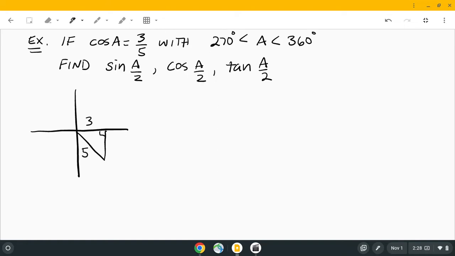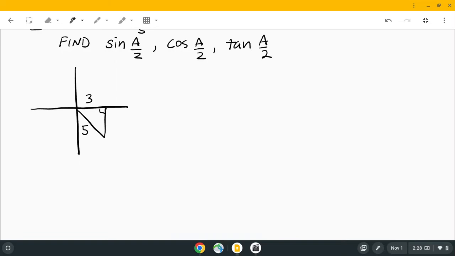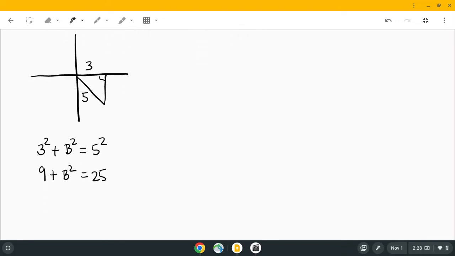We'll call the third side B. You can call it A, that's fine, just know that you're looking for something. Pythagorean theorem: 9 plus B squared equals 25, so B squared is 16, and B equals 4.